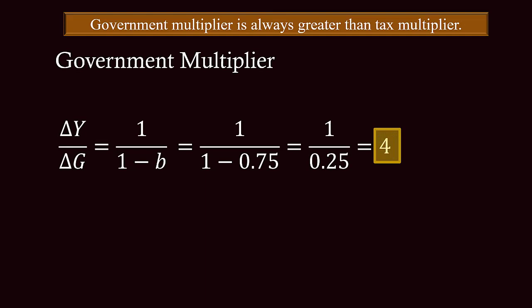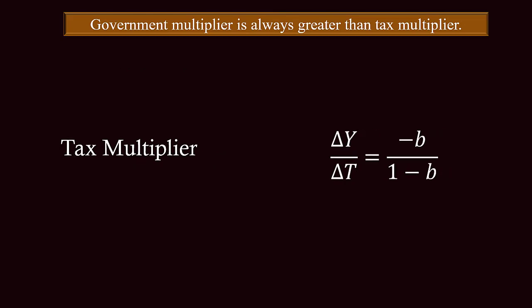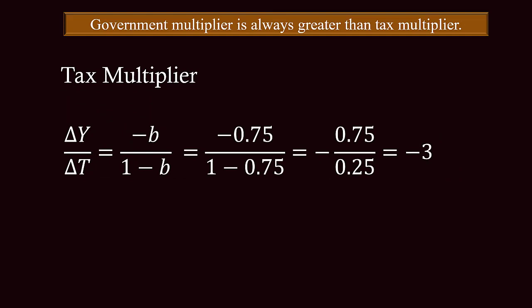Government multiplier is 4. Substitute 0.75 in tax multiplier. Negative 0.75 over 1 minus 0.75, negative 0.75 over 0.25, negative 3. Tax multiplier is negative 3.